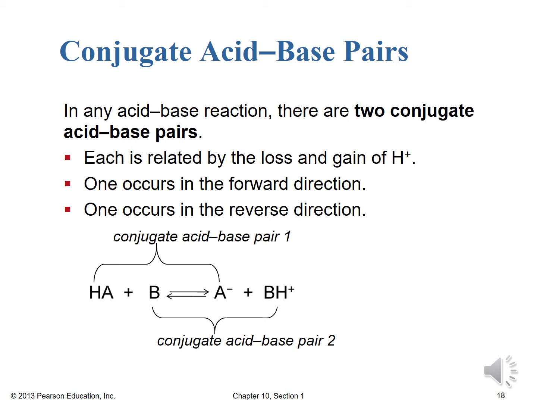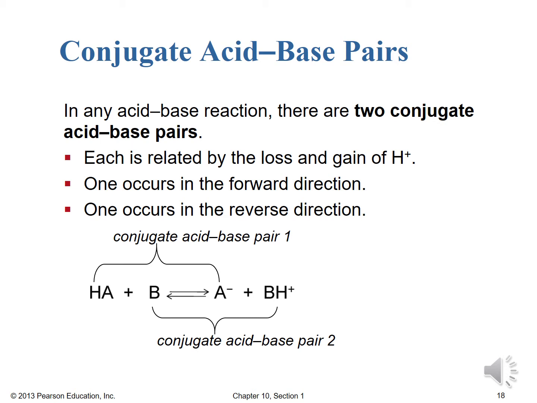So as we read that reaction, HA plus B is in equilibrium with A- plus BH+. In the forward direction, the HA is the Bronsted-Lowry acid. In the reverse direction, the A- is the Bronsted-Lowry base. So whatever served as the acid in one direction, its conjugate is now a base.